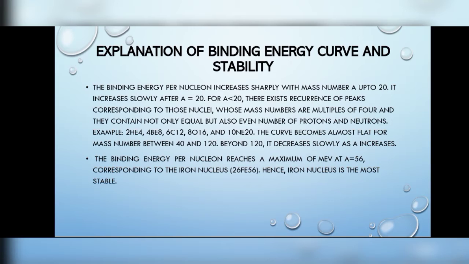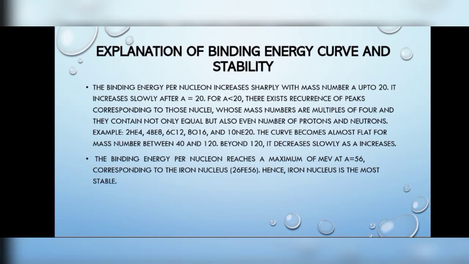The binding energy per nucleon increases sharply with mass number A up to 20. It increases slowly after A equals 20. For A less than 20, there exists recurrence of peaks corresponding to those nuclei whose mass numbers are multiples of 4 and they contain not only equal but also even number of protons and neutrons.